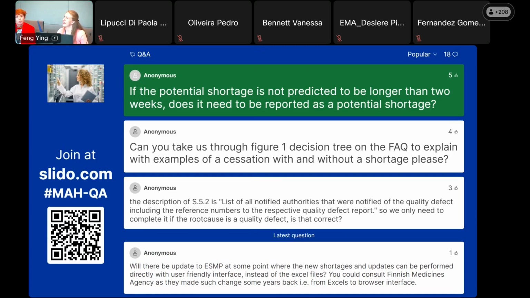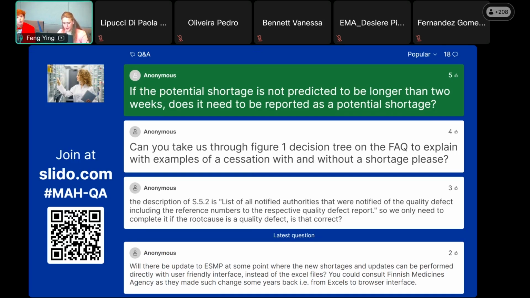However, we experienced that the expected end date of a shortage may be prolonged due to circumstances that you cannot foresee while reporting it. Therefore, you should consider reporting it as a potential shortage and then reporting it as resolved when it was prevented as such. If my colleagues want to add anything on that, please feel free.